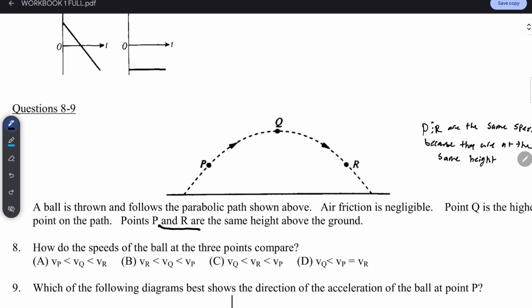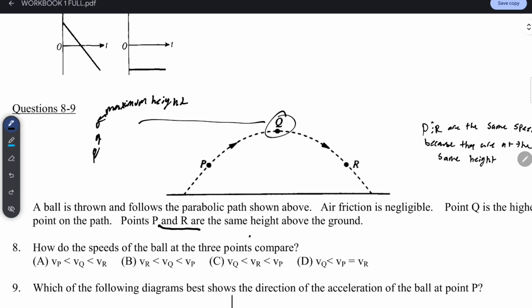And then Q. What you have to know is that whenever you throw something up in the air, so a person throws a ball, at maximum height the ball stops.